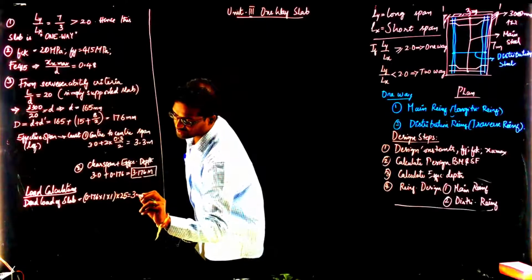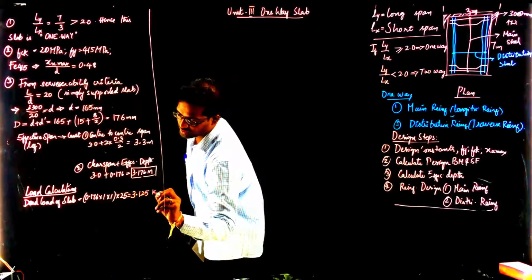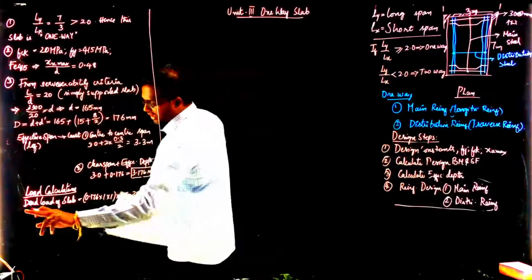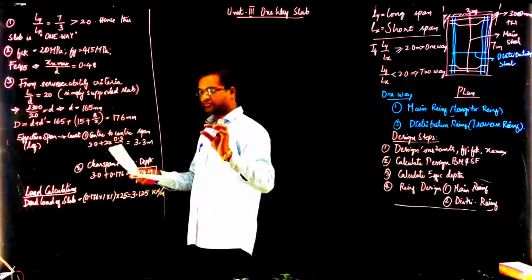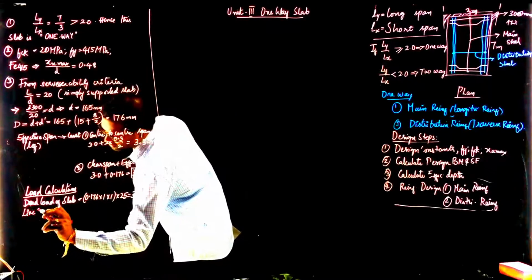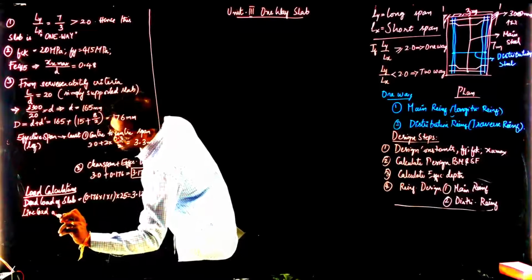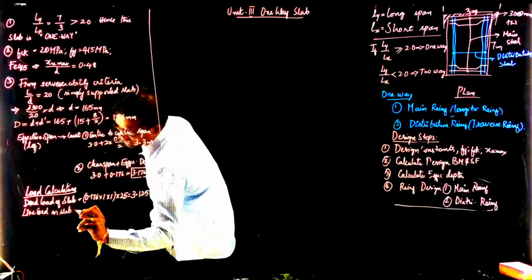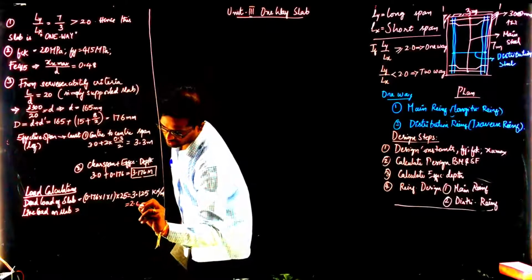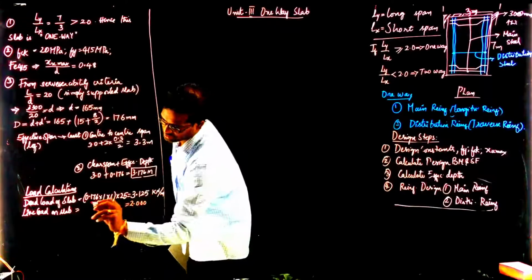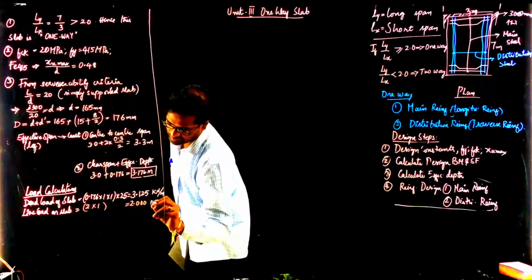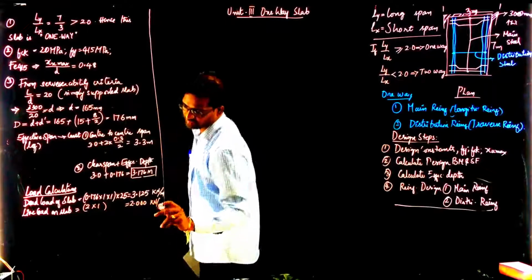This will come to around 4.4 kilonewton per meter width, because it is 1 meter width. After the dead load of slab, you have the live load on slab. In the question it is given as 2, so 2 multiplied by 1, simple. It will convert to kilonewton per meter.